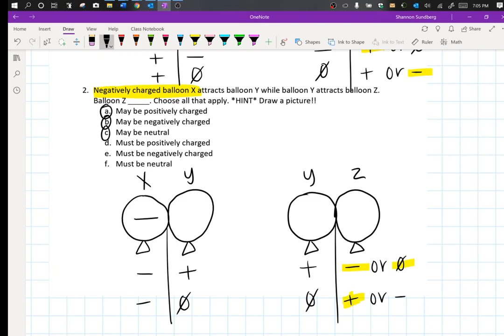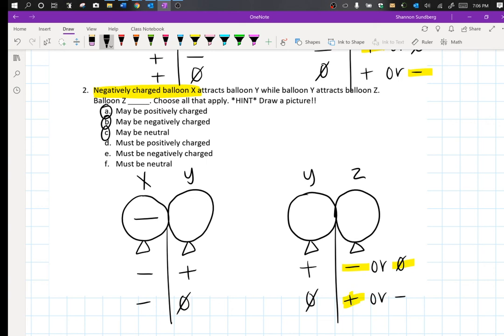The only way to be sure of the charge of something is if it's repelling. For example, if it said negatively charged balloon X repels Y, well, if it repels Y and X is negative, it means Y has to be negative. Because we know that charges that are the same, positive and positive or negative and negative, are going to repel each other.